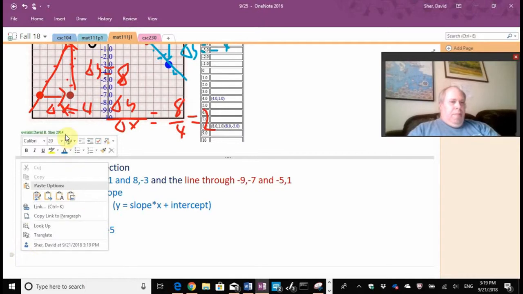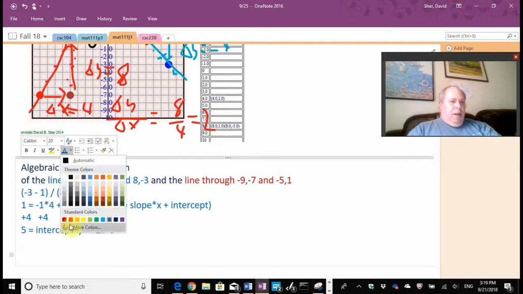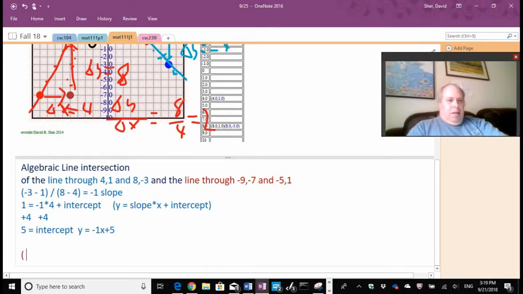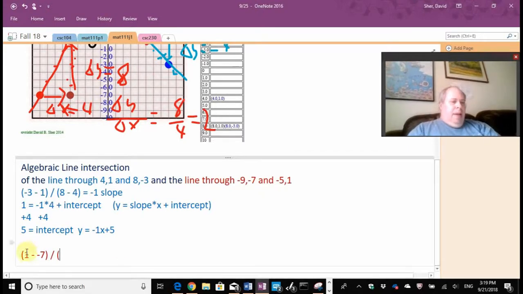So I'm going to switch my colors so that I'm writing in red. Now we're going to take y2, which is 1, minus y1, -7. So that's 1 minus -7, which is 8.